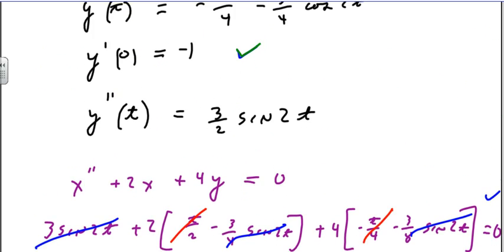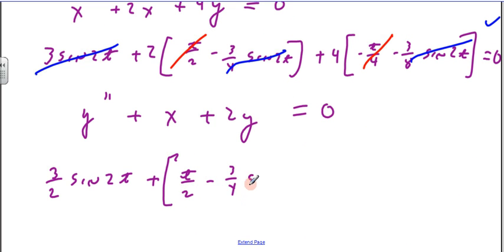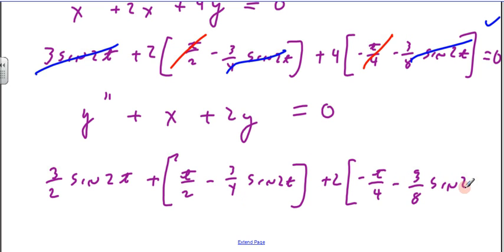All right, so y double prime 3/2 sine 2t plus x, which is t/2 minus 3/4 sine 2t, plus 2y, minus t/4 plus minus 3/8 sine 2t has to be 0. Now, how did I get those guys? Well, they're sitting right there. I didn't have to go looking for them.